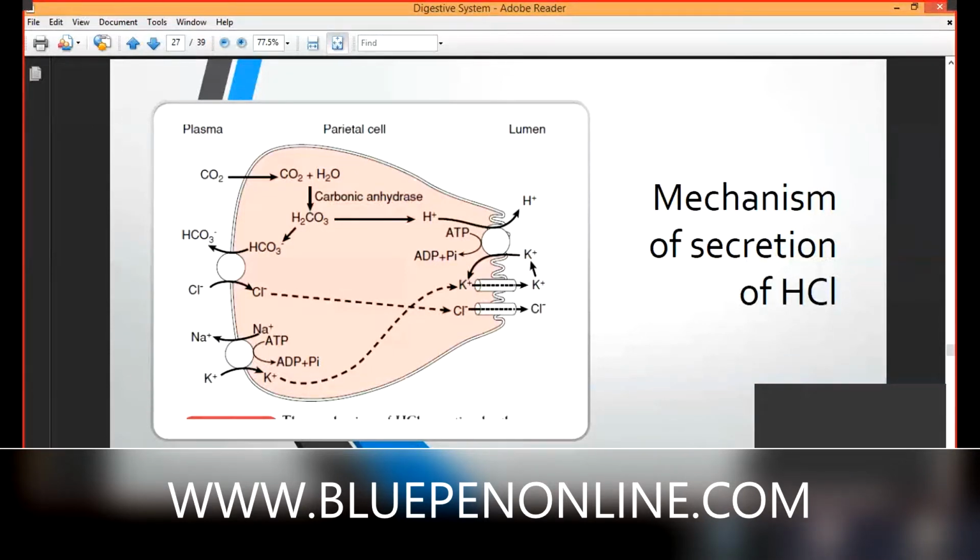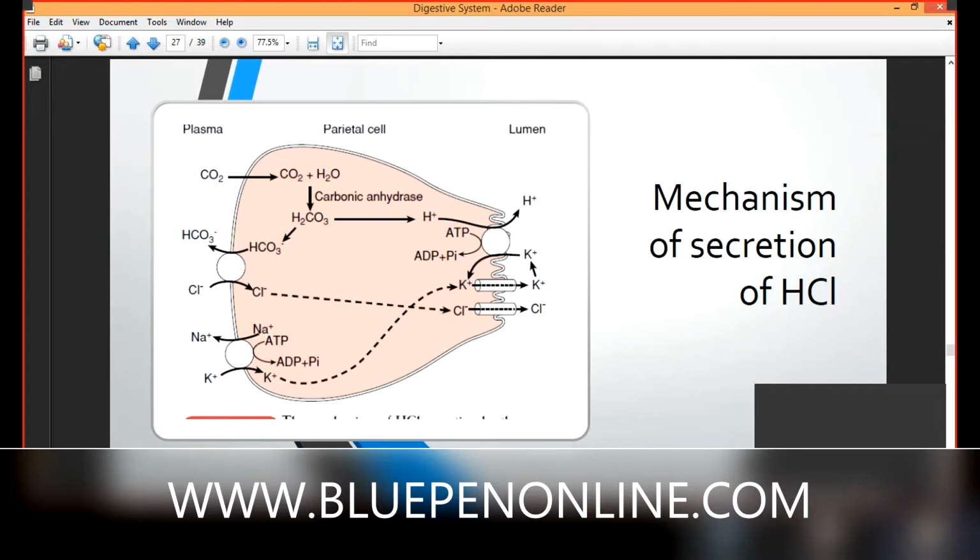So HCO3 minus diffuses out of the parietal cell into the extracellular fluid, the plasma.